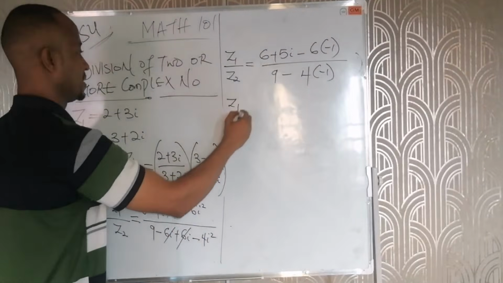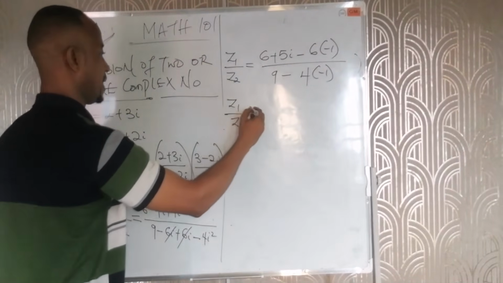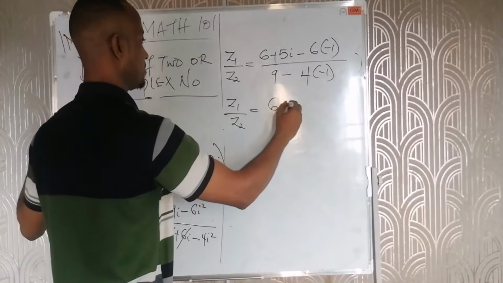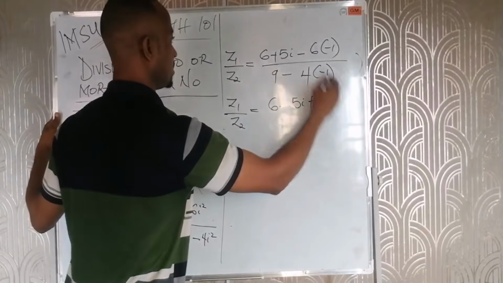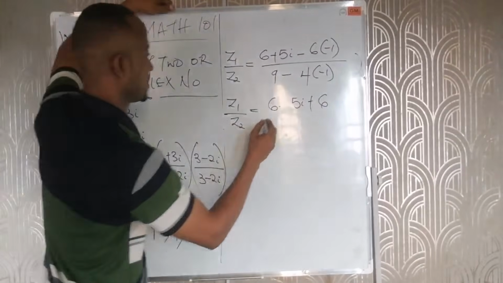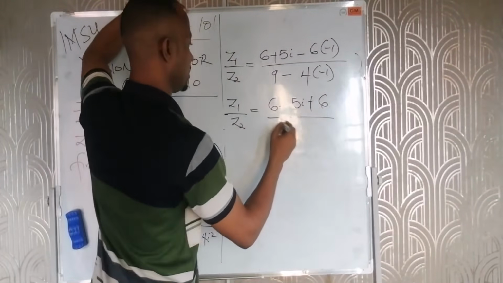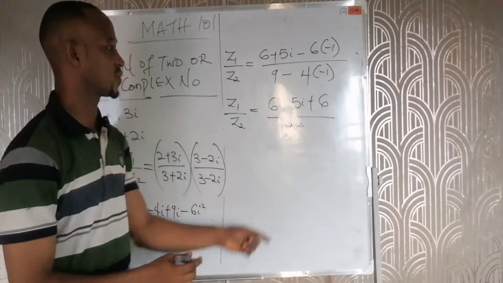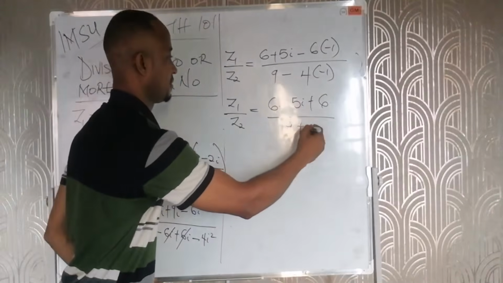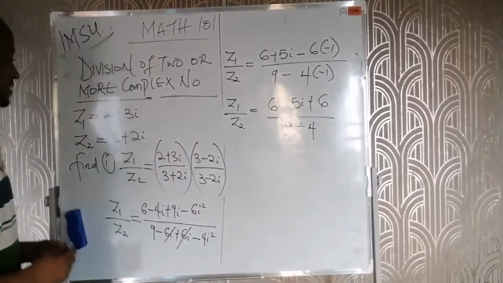So Z1 over Z2 then becomes 6 minus 5i plus 6, all divided by 9 plus minus 4 times minus 1, which will give us plus 4. Okay, are you seeing that?